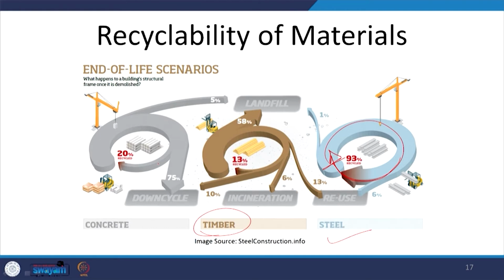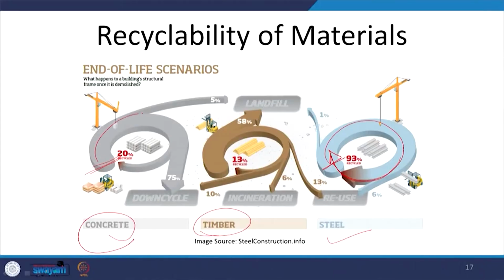If we are looking at concrete, despite the very huge amount of energy which is required to manufacture it, it is not going into recycling at all. So, it comes at a very heavy price of energy and only a very small percent of it can be recycled. So, from that perspective, we have to compare between materials.